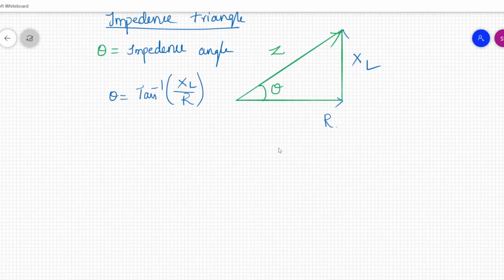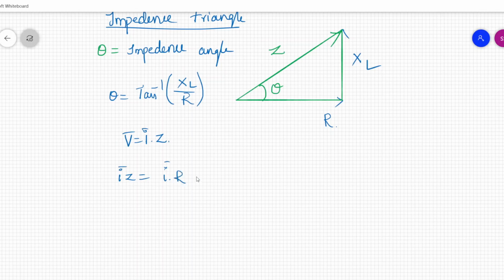Now the voltage V bar is obtained as I bar into Z. So I am substituting I bar into Z equals I bar into R plus J into I bar into XL. If you multiply by I bar, I am trying to get the powers here.